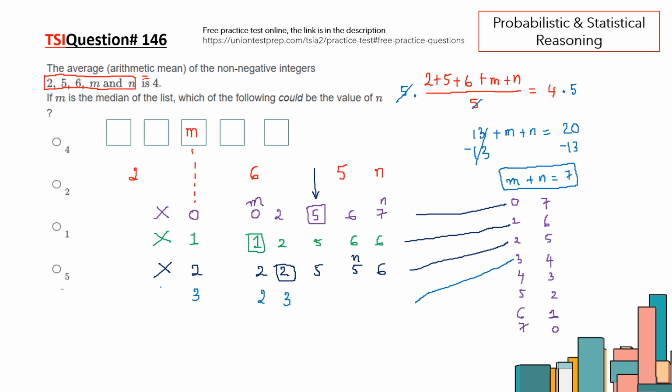So we'll have 4 right here, and then 5, and then 6. So this is n, this is m, and m is not at the middle, so m equals 3 is not the correct one.